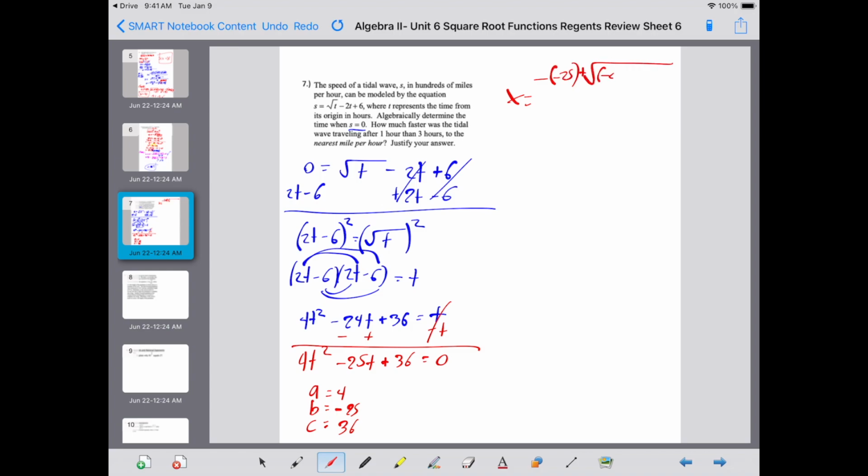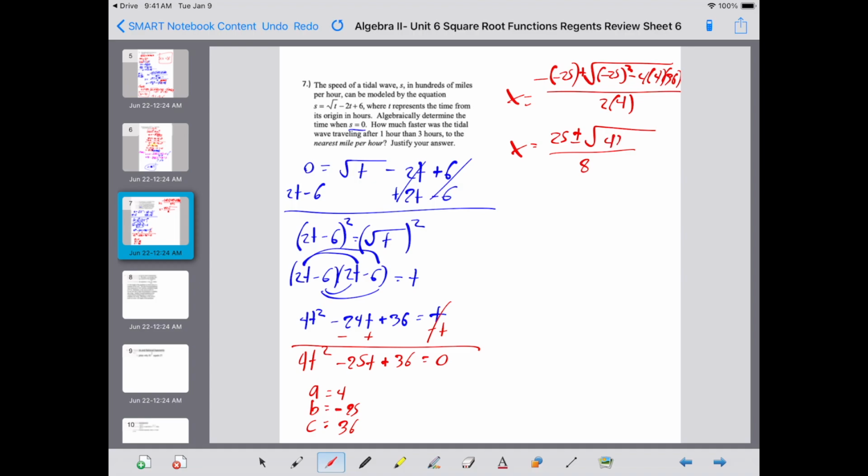This one you really have to use parentheses because it would be wrong, because it's negative b. That's why I always recommend using parentheses. Okay. 25 squared minus 4 times 36 is 49.